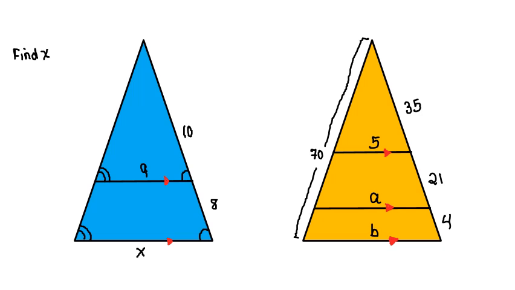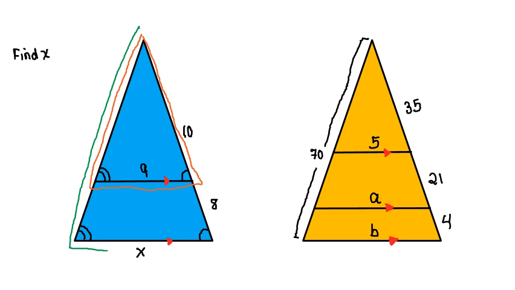Now what's unique about these is instead of having two triangles side by side, what we end up with is two triangles, one inside of another. So right here what we have is a small triangle, and then we have a larger triangle, a small and a large.